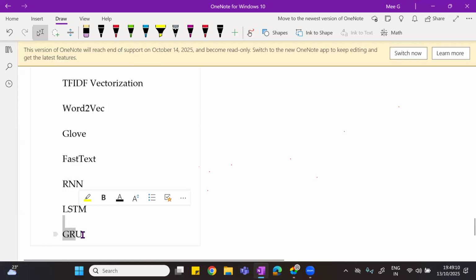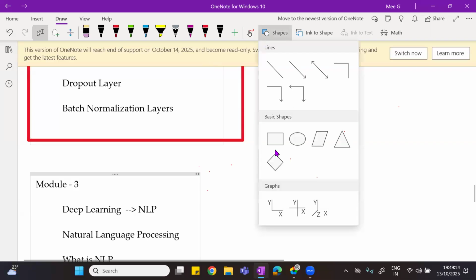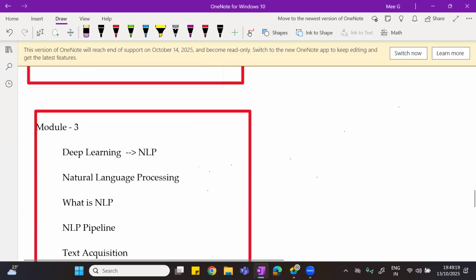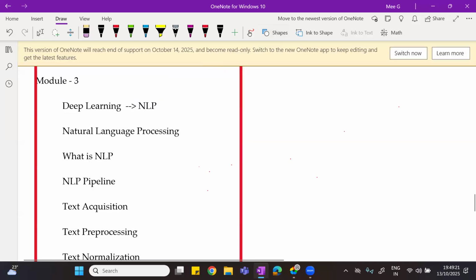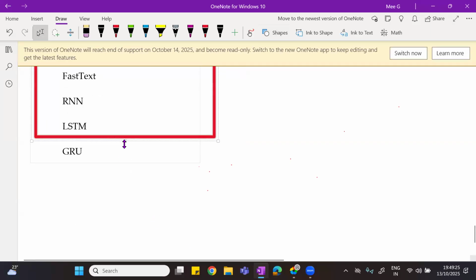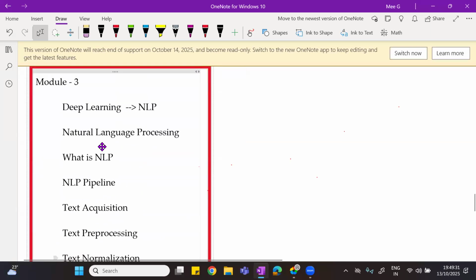Now, all this will make you perfect with NLP, and you will understand the internal process of how things go on with the text data. Whenever we are dealing with text data, how you are going to deal with it, that is what you will be learning over here.